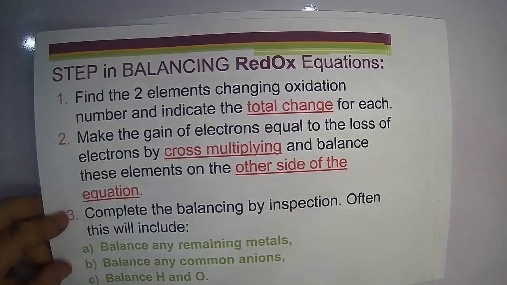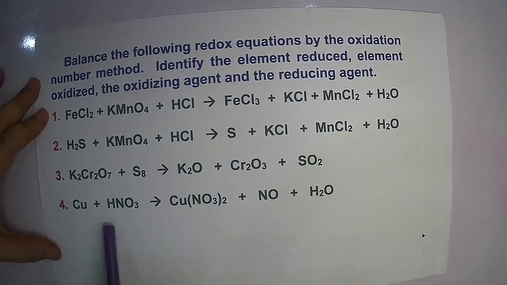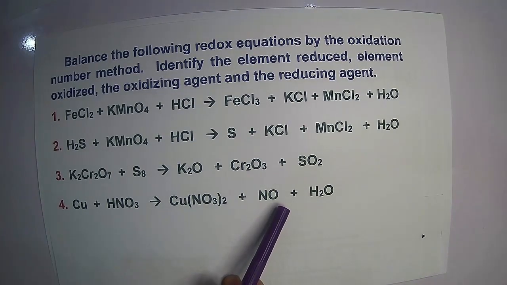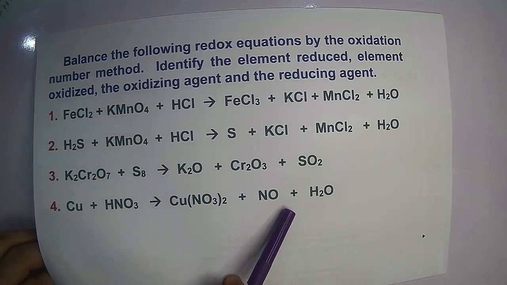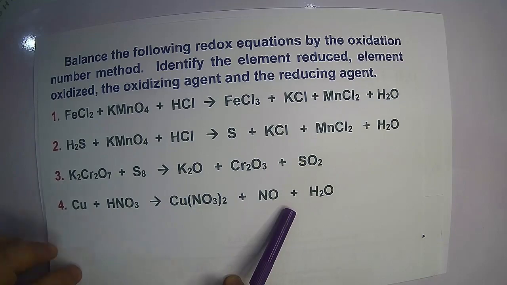To begin with, we are given here an example to balance for redox reaction. We follow the rules that we have learned in assigning oxidation number. An element in an uncombined state has an oxidation state of 0, and the sum of the oxidation numbers in a compound is 0.